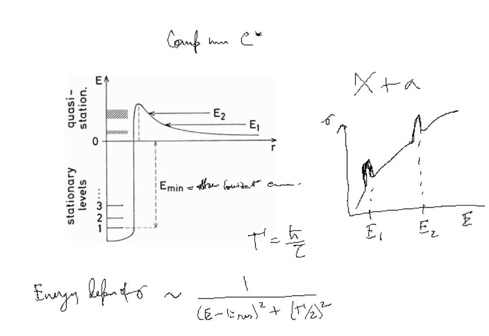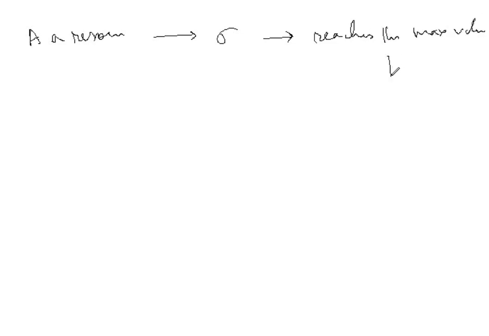Now at resonance, this cross section for the reaction of particles X and A can nearly reach its maximum value. So at a resonance, this sigma reaches the maximum value, which is the geometrical cross section.